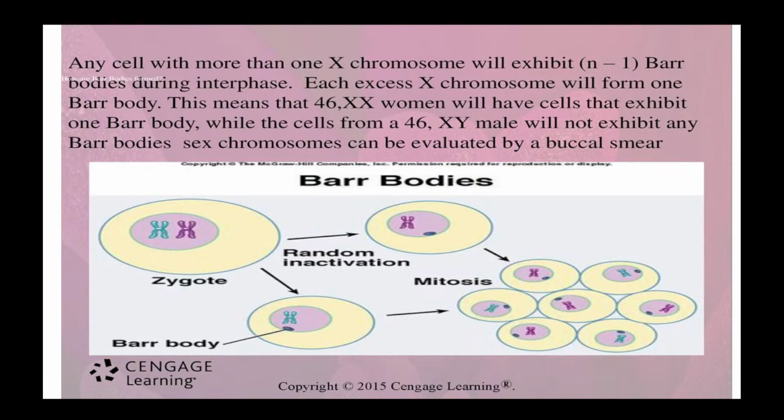This spot was called Barr body, and now we know that in women the second X chromosome is present in an inactivated condition, in the condition of heterochromatin, and we can see this second X chromosome as Barr body, a dark black spot in the nucleus.